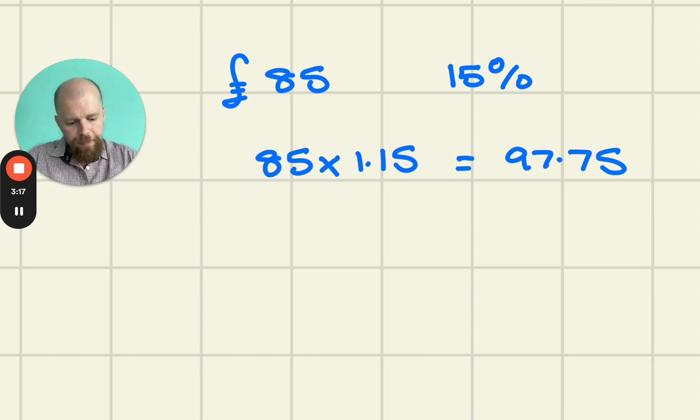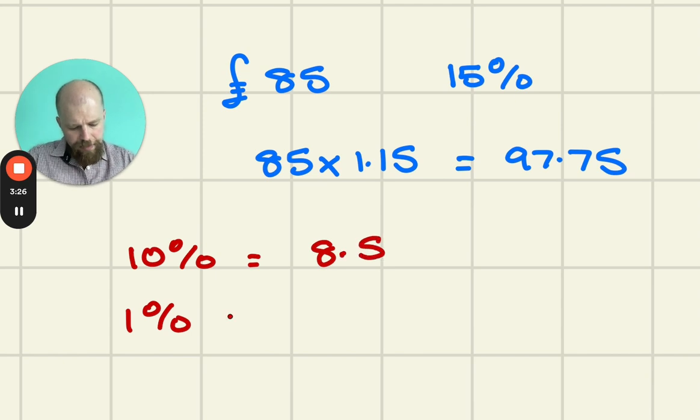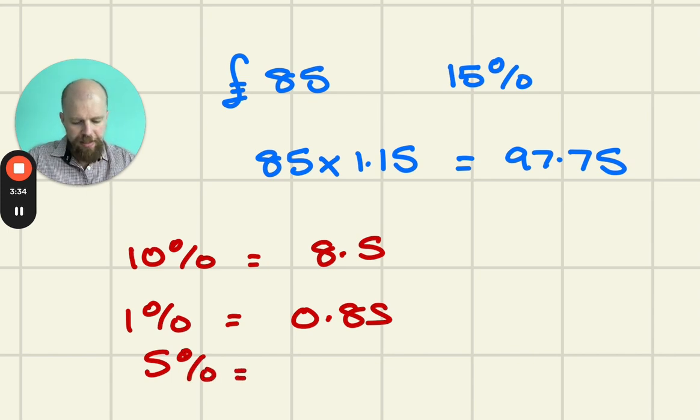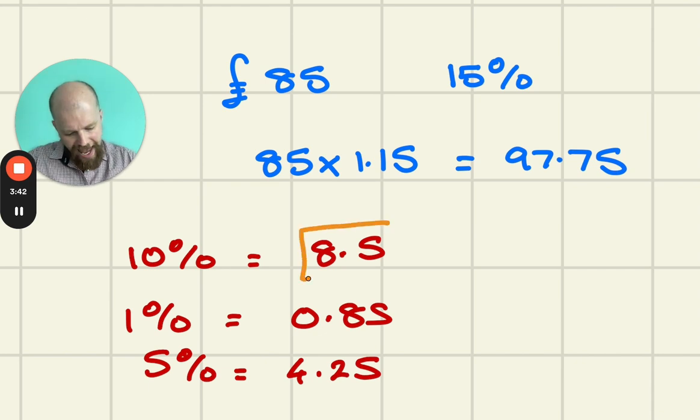97.75. Without a calculator, find 10%, find 1%, so 10% is 8.5, 1% would be 0.85, and then what we're going to do is we're going to find 5%, so I just times my 1% by 5, or I could take my 10% and divide it by 2, and I would get 4.25. 15% will therefore be 10% plus 5%.